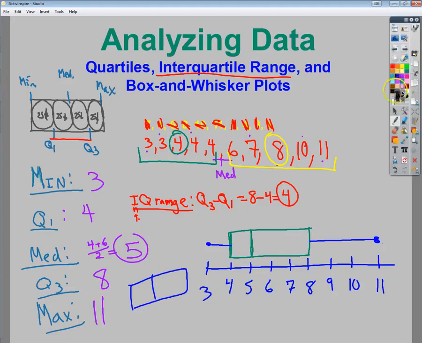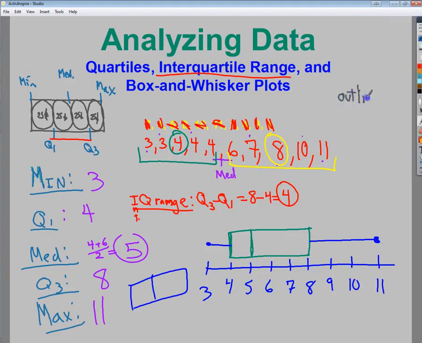So I guess I should write that word up in case people have never seen it. An outlier is basically a data point that's uncharacteristic of the set. But since 10 is here, 11's probably okay as an outlier. But if I had like 25 in there, that would be significantly further away from the rest of the data set.